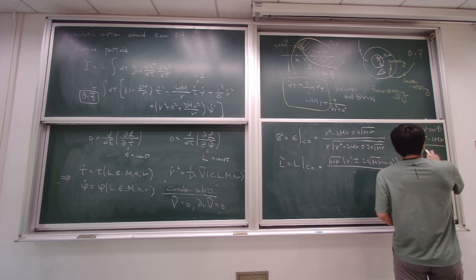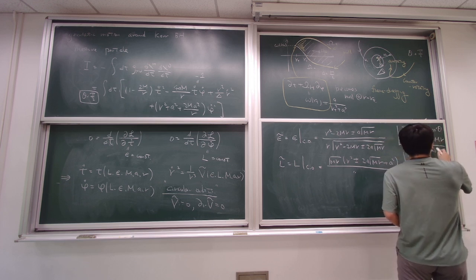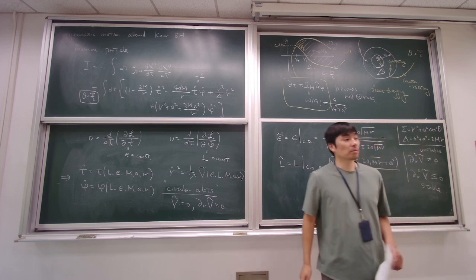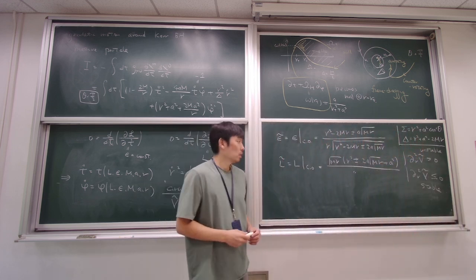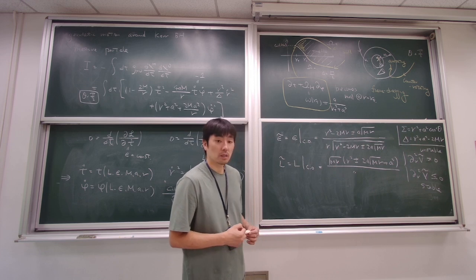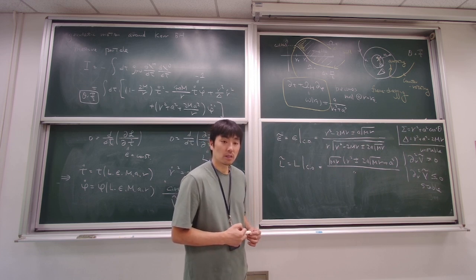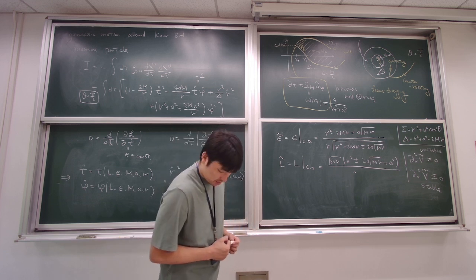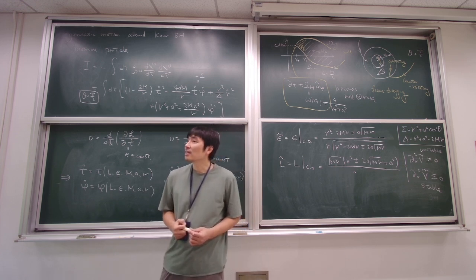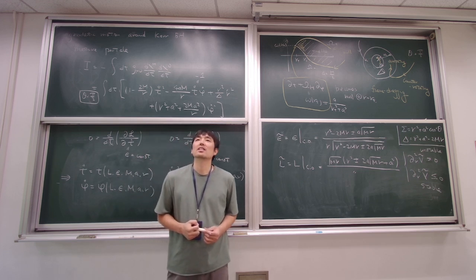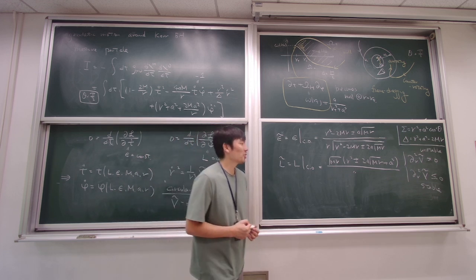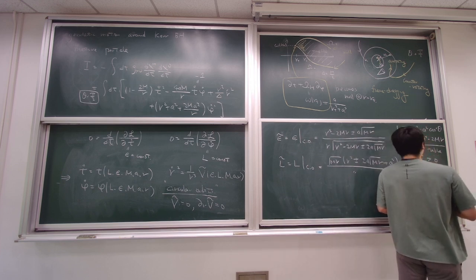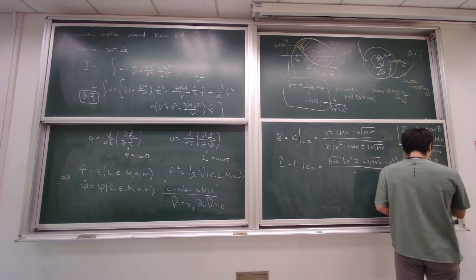This is unstable, stable, stable, and so on. The positive second derivative corresponds to a local minimum, so that is stable.